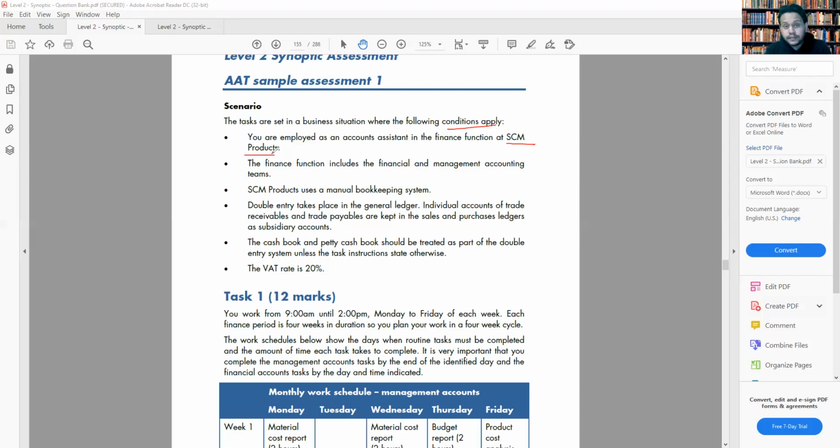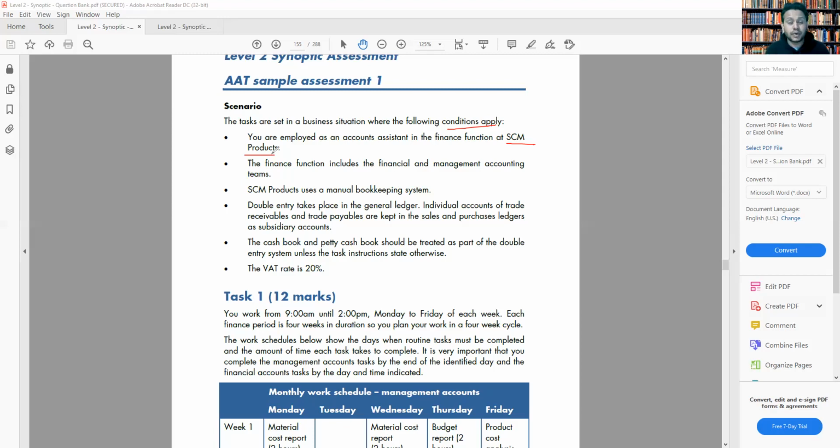For example, if you see your client is involved with money laundering, if you are in an organization or in industry, you have to report to the MLRO, that is the money laundering reporting officer. But if you are working in a practice, you don't have anyone.